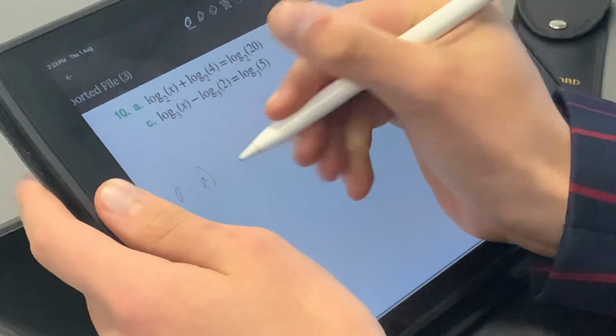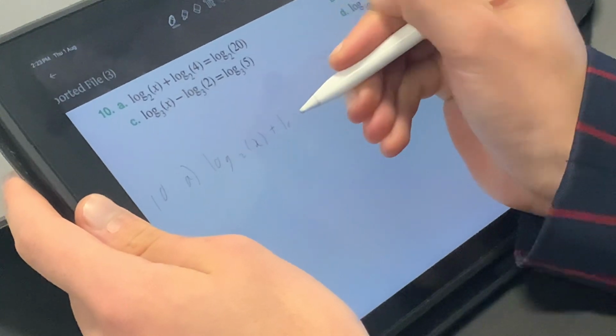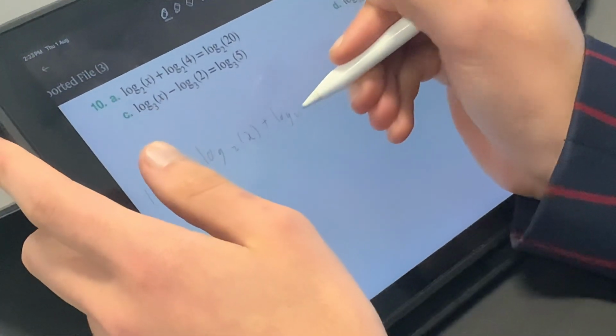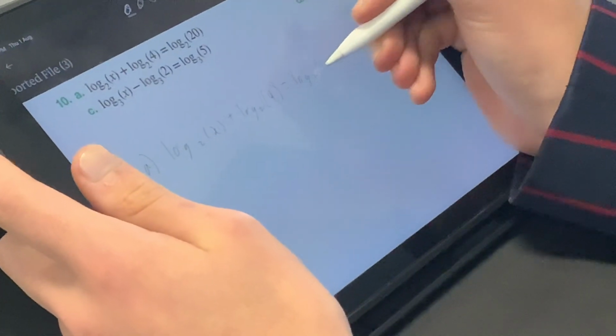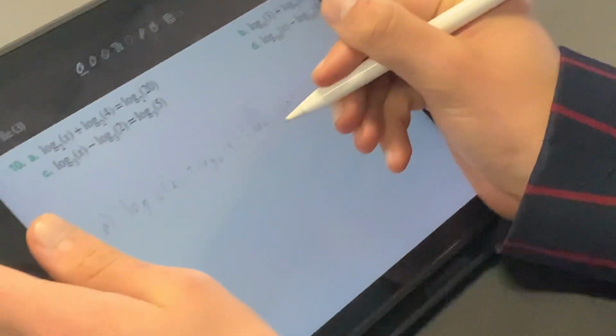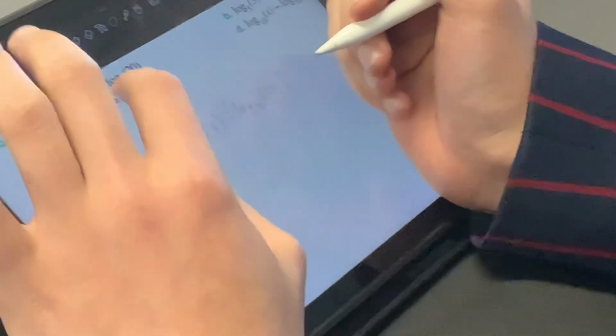Now, log 2 x plus log 2 4 equals log 2 20. As these all have the same base, we know it will be pretty easy to find x.